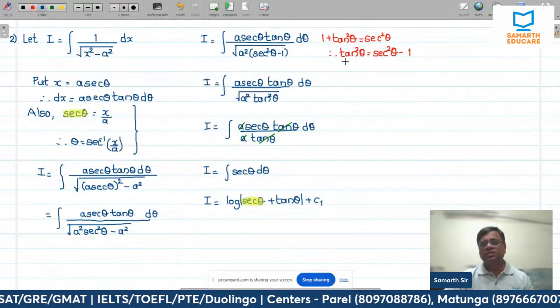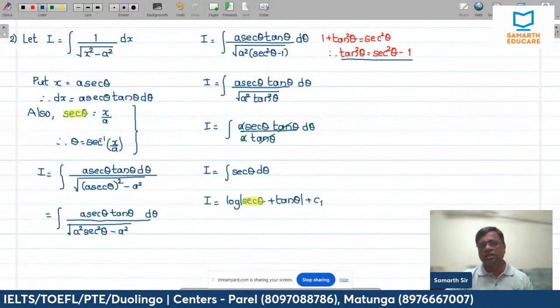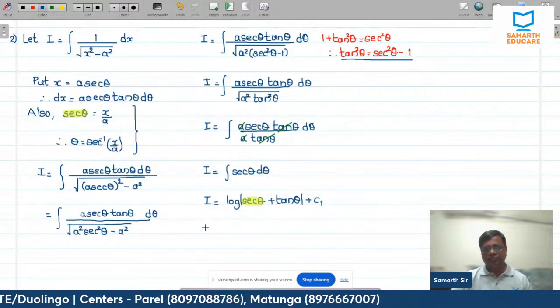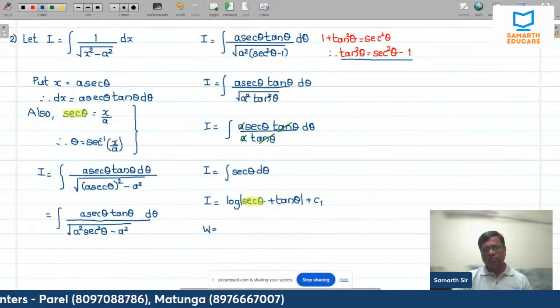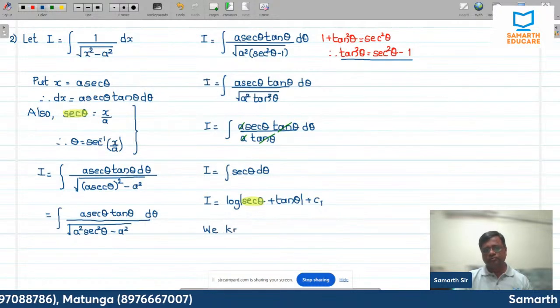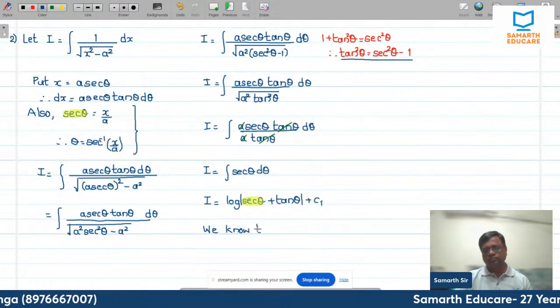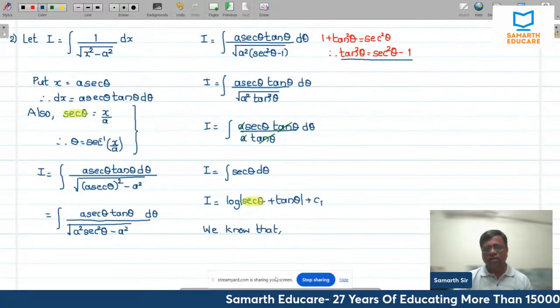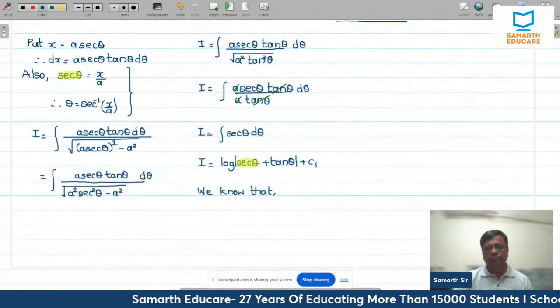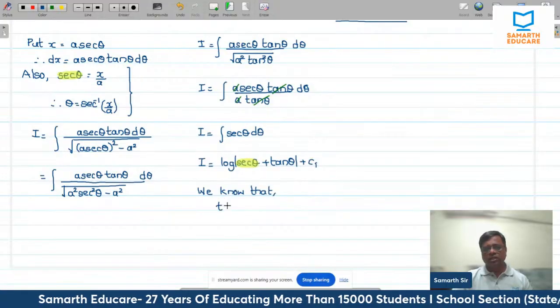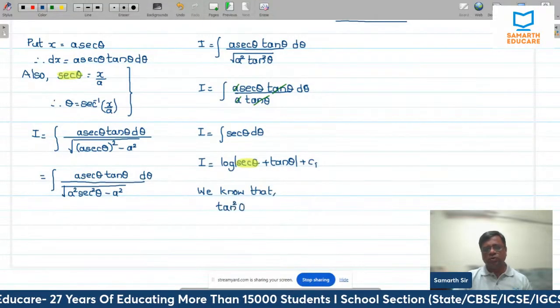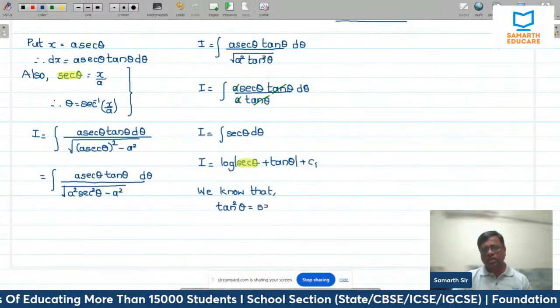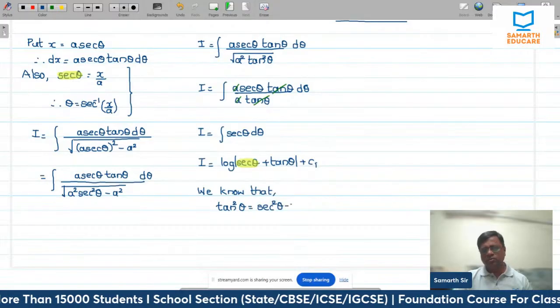One of the methods is, यहाँ पे देखो हमने करके रखा है tan theta. We know that tan square theta is equal to sec square theta minus 1.